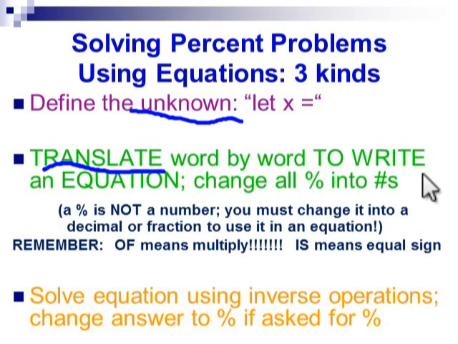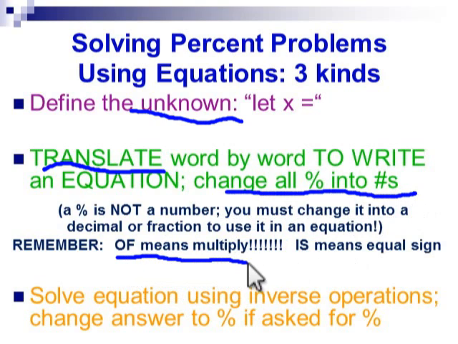And when you do that, you need to remember two things. First of all, a percent is not a number, so you have to change the percent into a number, and you can certainly change it into a fraction if you decide to. Most people change them into decimals. The second thing you need to remember is that these two words, of and is, have specific meanings all the time in math.